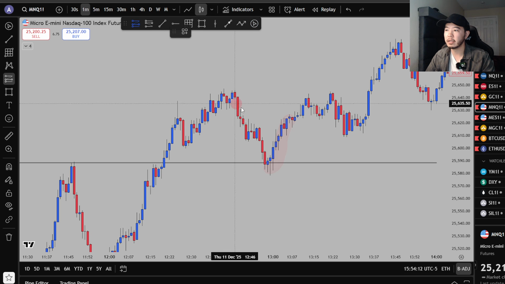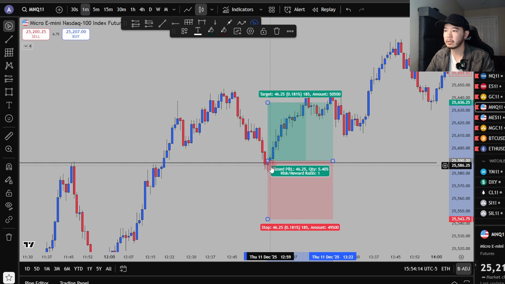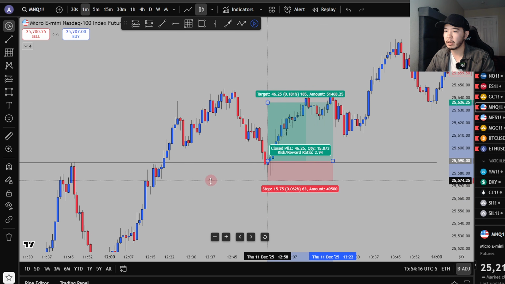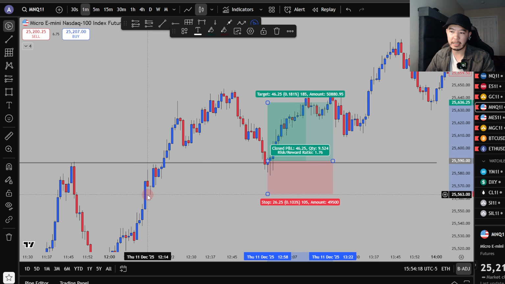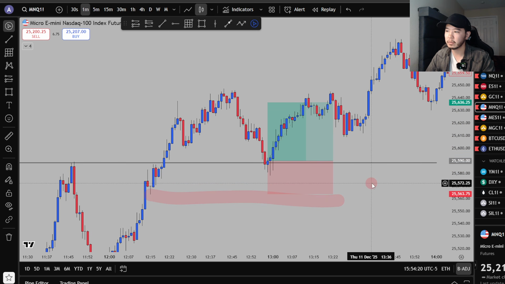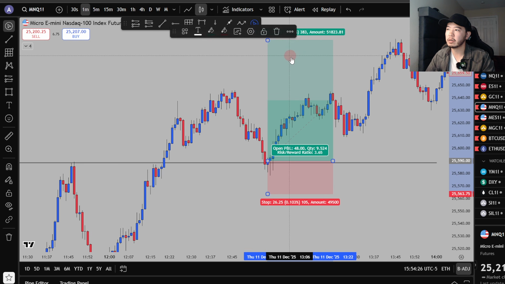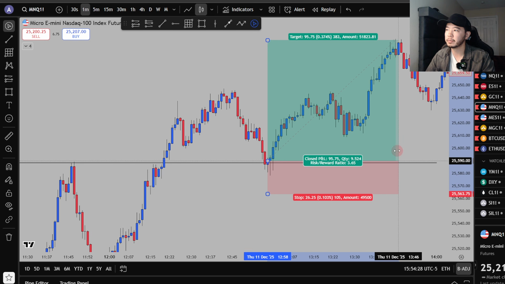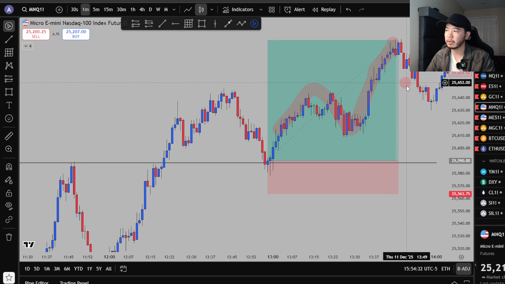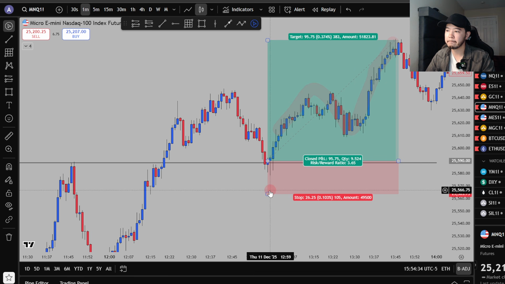So I believe I got in somewhere around here. Got in here. Put my stop loss at this most recent swing low. And this was my first take profit. And around here, that was my second take profit. So we missed it and then we eventually got there.